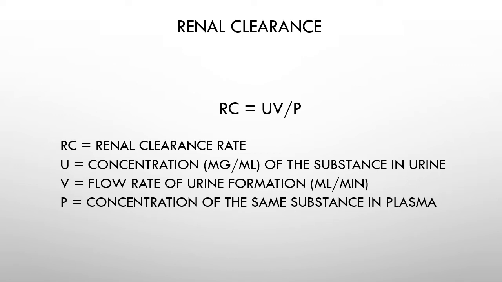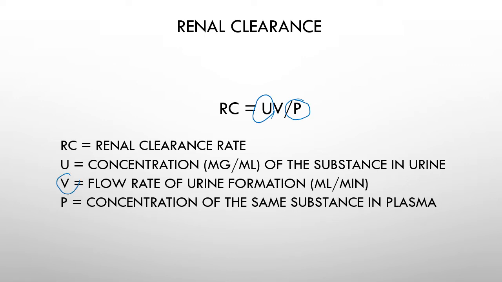Renal clearance requires us to look at two aspects. In order to get renal clearance, we have to see the concentration of whatever substance we're looking at in the urine, and the concentration of that substance in the plasma. In addition, we're also going to look at urine output, the flow rate.